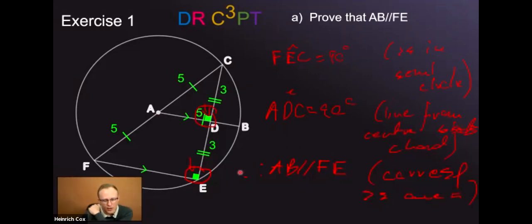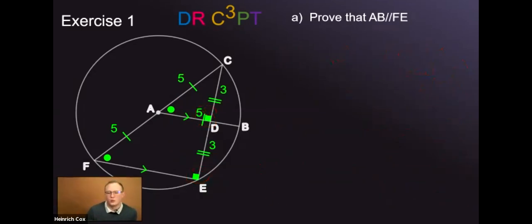If I look there, we do have co-interior angles with ADEF, but it's quite obvious that ADE is a 90-degree angle. But the most interesting for me is that we actually do have corresponding angles there, CAD and CFE. So in our diagram, we're going to put a note there. Here I'm just using some dots to show that those are equal angles. All right, so then we can continue.